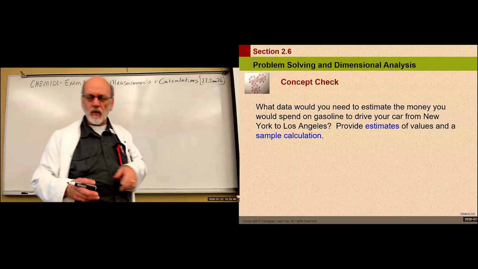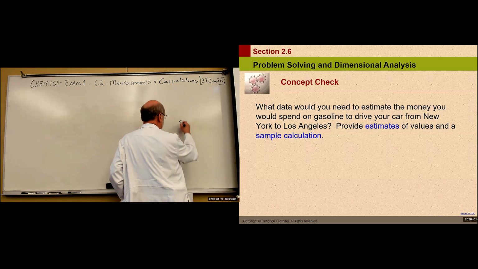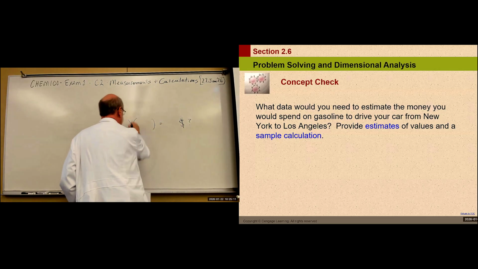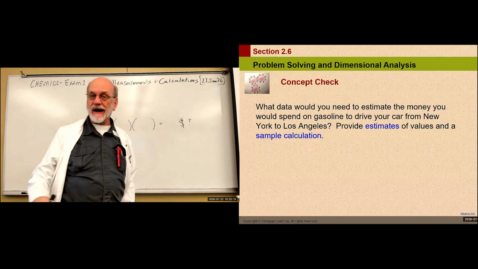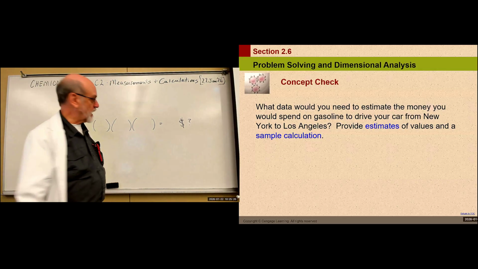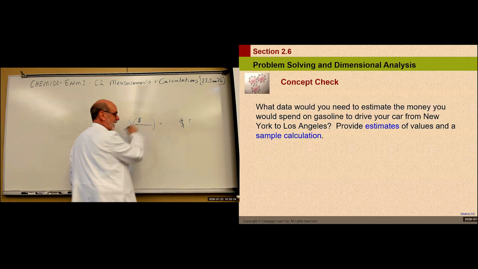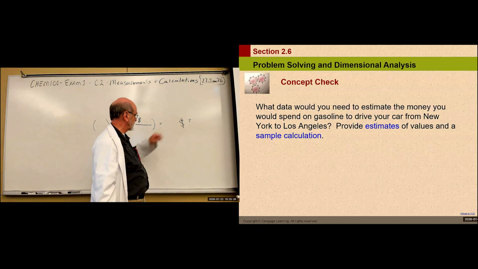So what do I need to know if I want to end up with dollars? What do I need to do over here to get dollars in my pocket and reserve that money for gasoline? Well, you need dollars here. That has to be in the numerator because it's going to end up as the last calculation.